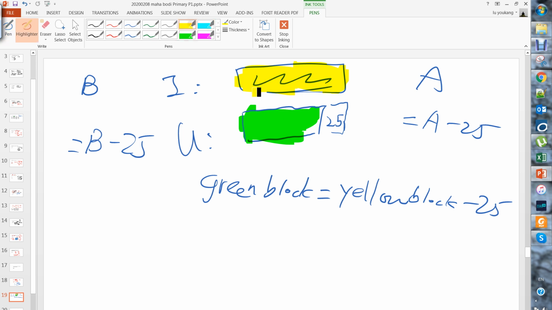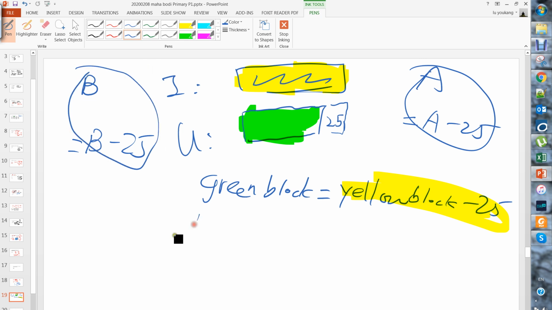I have the yellow one, yellow minus 25. I have A, what happened? A minus 25. Very good. I have B, B minus 25. If I have C, C minus 25.